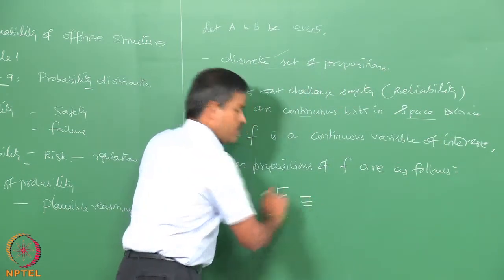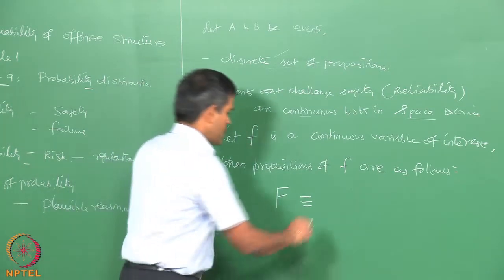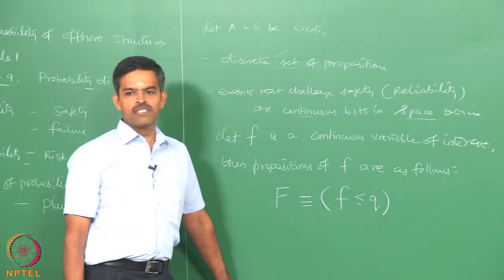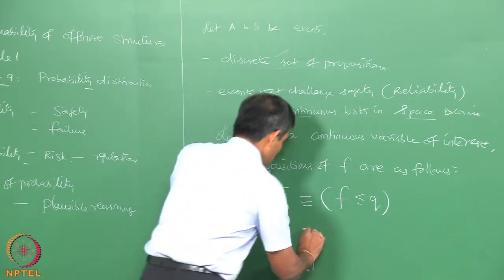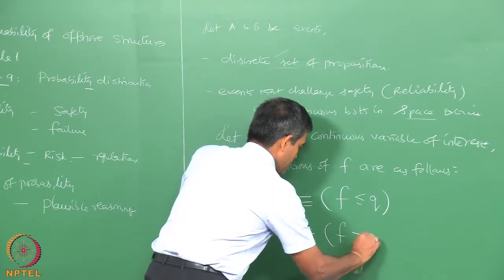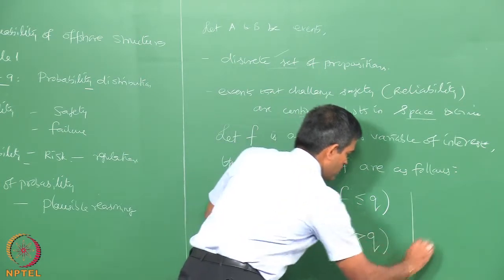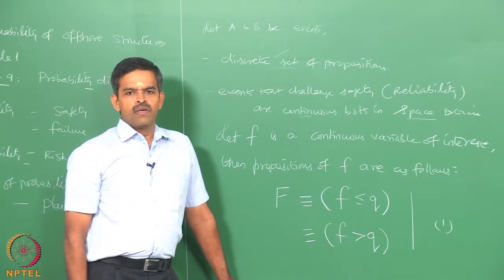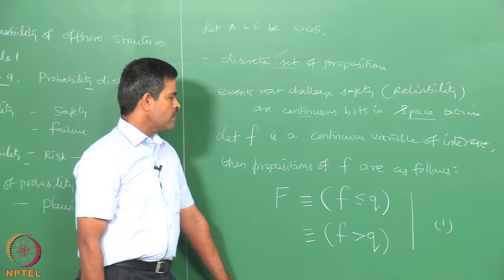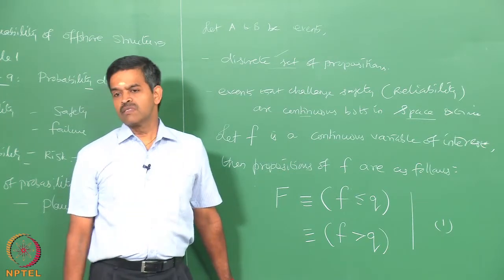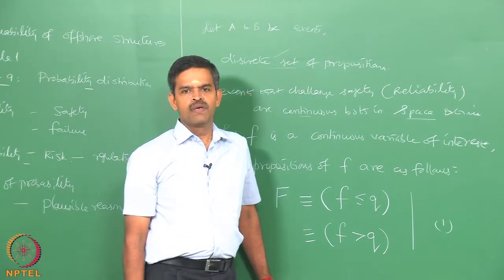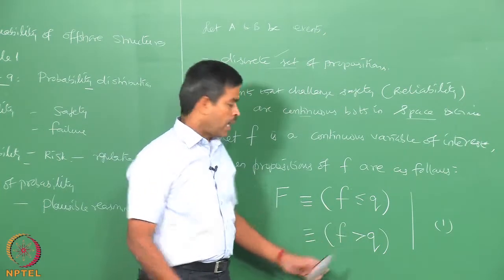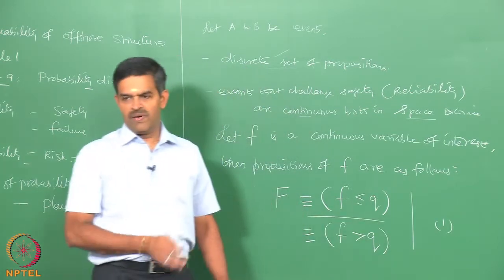F can lie either less than a variable which is defined as q, or F can be greater than q. Interestingly, when we have a variable q which is continuous in both space and time, we are dividing this F in terms of q at two discrete sets of values.